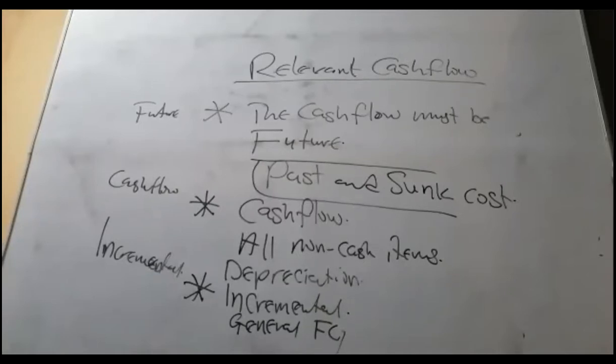Now that's the incremental. Let me also stress this: do not include the company's details in that project. If the company's operating cost has been included in the project operating cost, take it off.